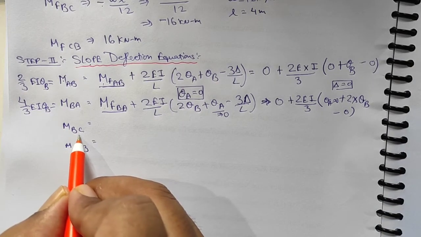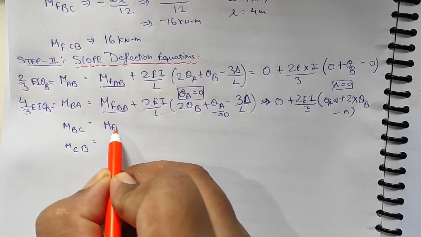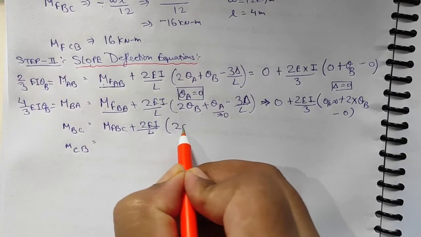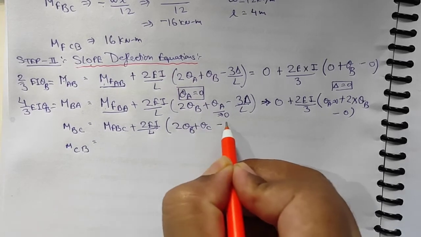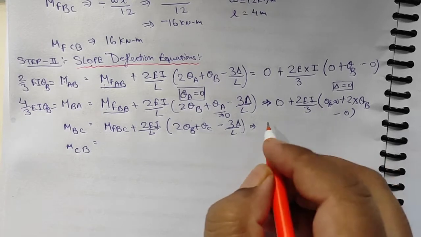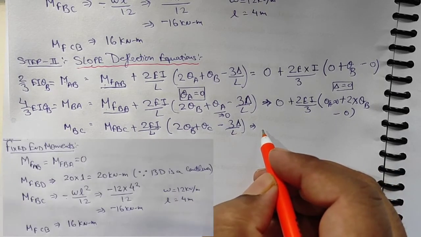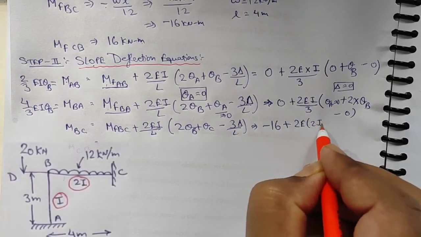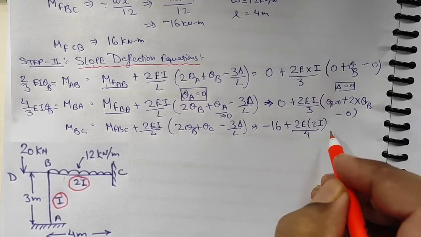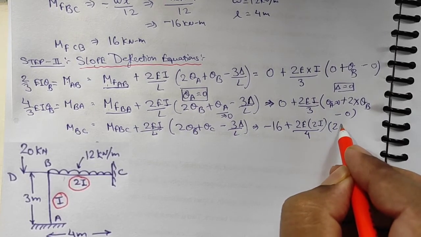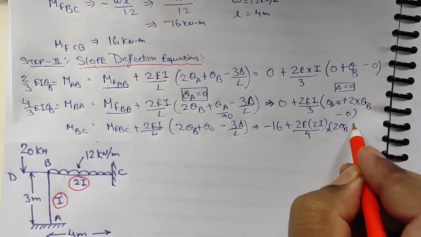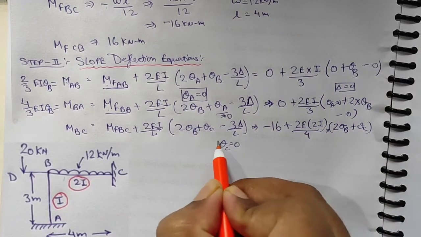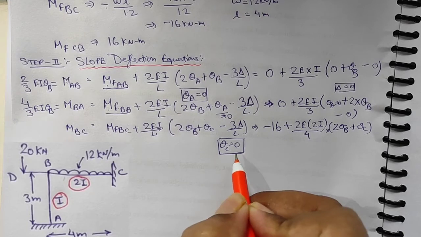Now we'll solve for MBC, that is fixed end moment at BC plus 2 EI upon L multiplied by 2 theta B plus theta C minus 3 del upon L. By putting the values, we'll get the value of MFBC equal to negative 16 plus 2E, and I here will be 2I, and the value of L as specified in the question is 4, multiplied by 2 theta B plus theta C. As we know, theta C here will be equal to 0 as the end C is a fixed support.